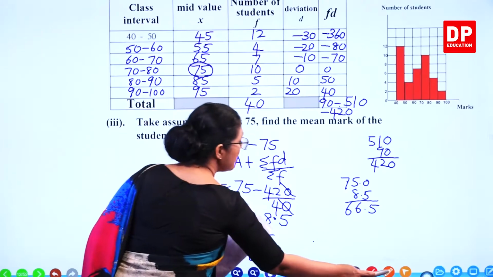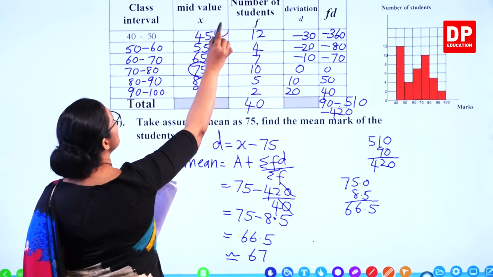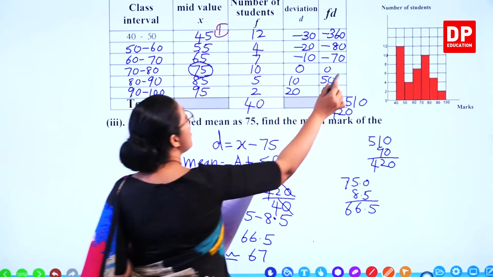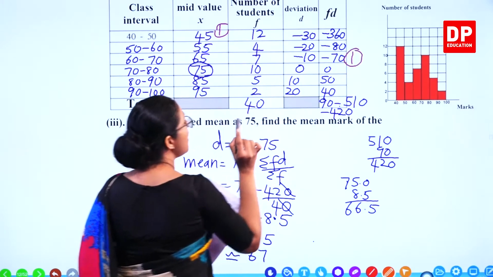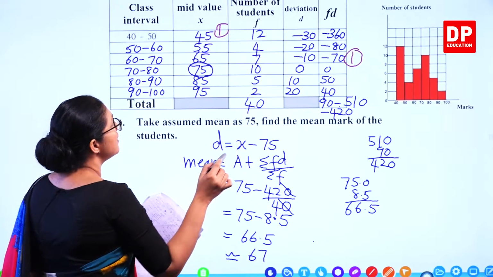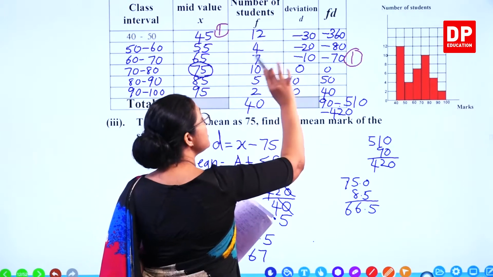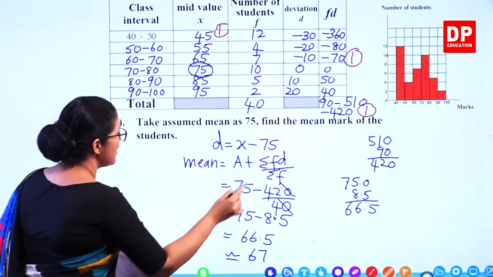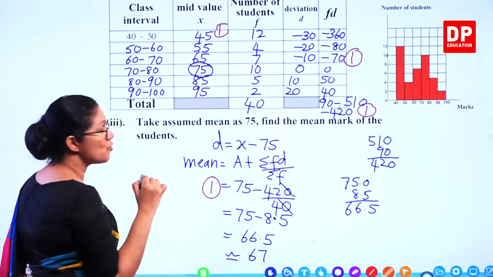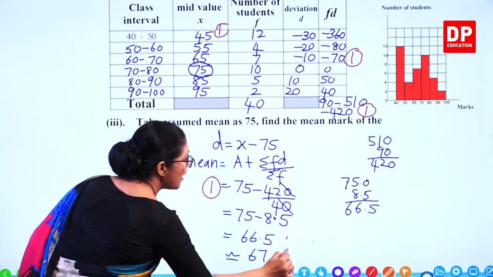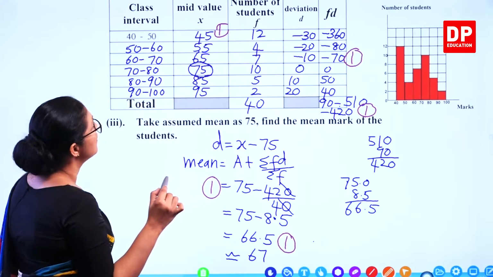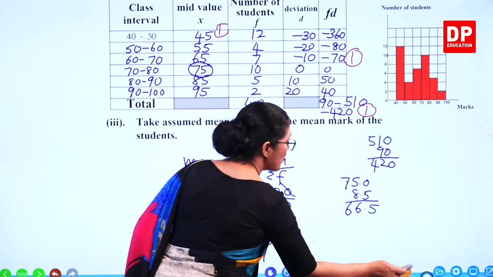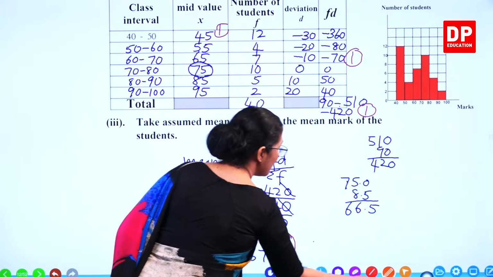Normally we give 1 mark for calculating the mid values and 1 mark for sigma FD. Calculating FD also you get 1 mark. So 3, substitution to the formula 1 and the final answer 1. So 5 marks for calculating the mean value.